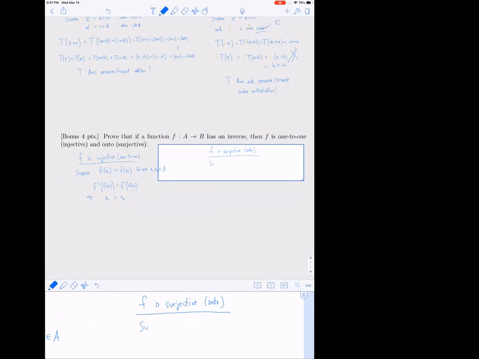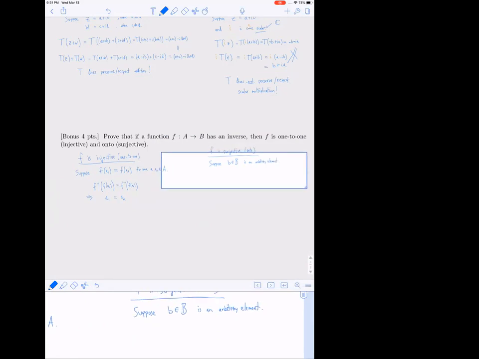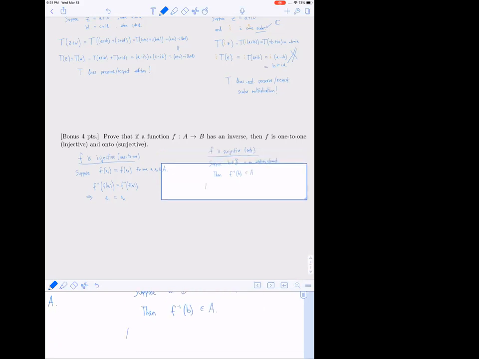So suppose b is any arbitrary element from B. Well, again, since we know f has an inverse, the inverse goes from capital B to capital A. So we can conclude that f inverse of b is a thing, and in particular, it's an element in A. And so we've found the thing in A that gets sent to b, namely f inverse of b.